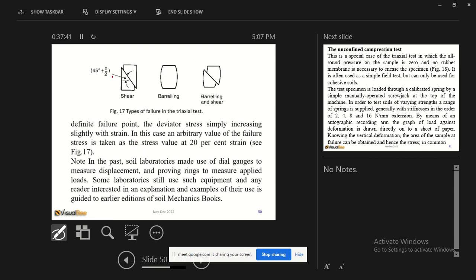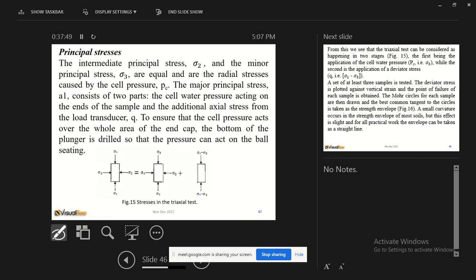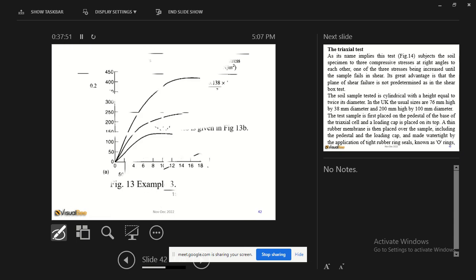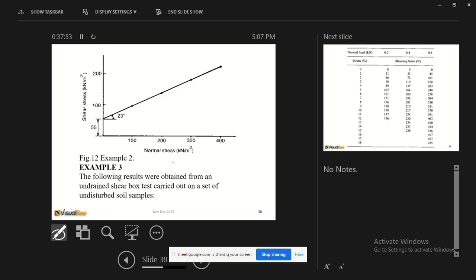So normally this is the sample. You remember we said phi is 40. You remember this from the Mohr circle, which I told you is quite important to remember.